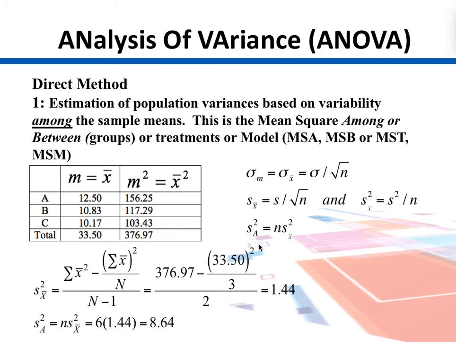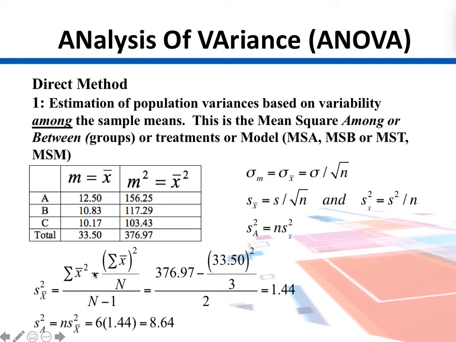So let's calculate this s squared of x bar. We want to calculate the variance for this distribution of means. So we have the sum of these numbers, that is the sum over x bars, this term here, and the sum of their x bar squares, that is this term.